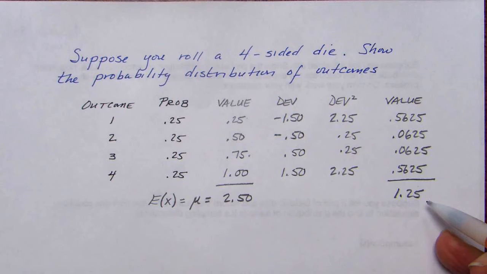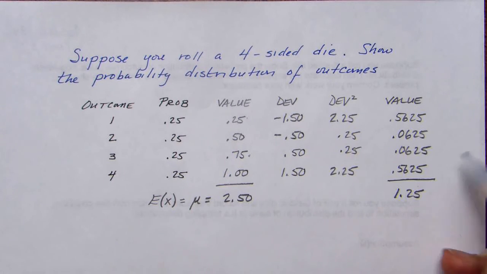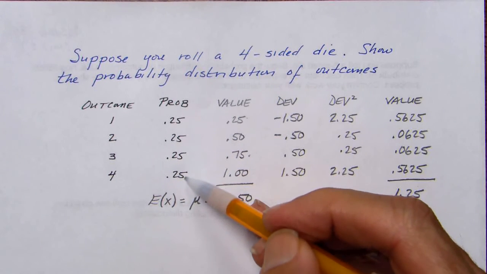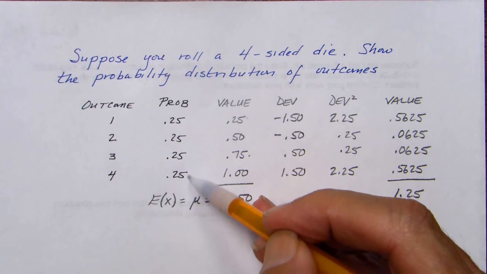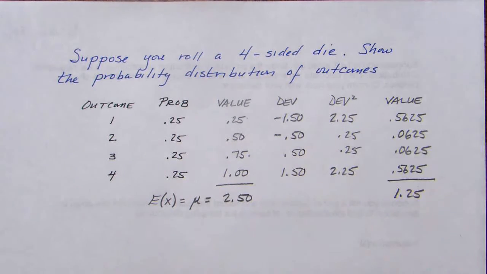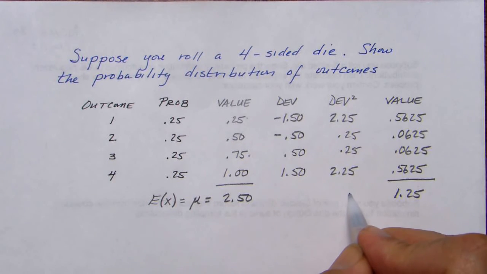There's no dividing by n minus 1. And that's because we don't have frequencies anymore. We have proportions. The division has already occurred in making these proportions. So this is what we're going to refer to as the variance.